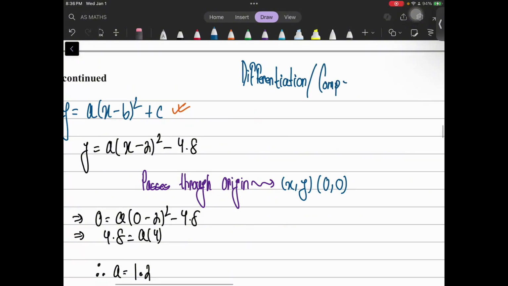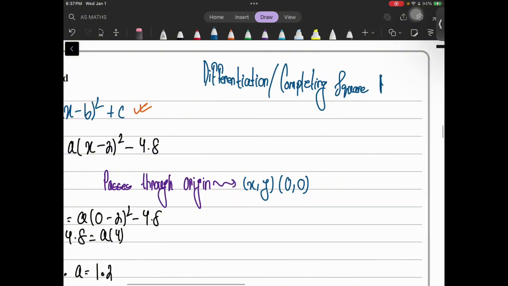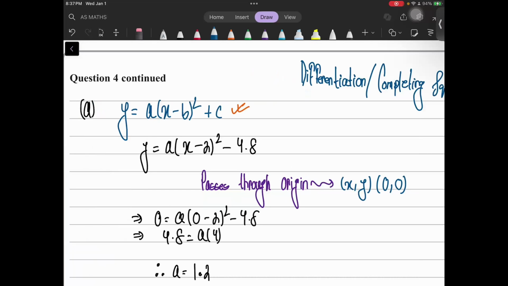So I use the completing square method, which has a formula of y equals a times (x minus b) whole square plus c, where b is the x coordinate of the maximum or the minimum point, and c is the maximum or the minimum value, which means the value of y, right?